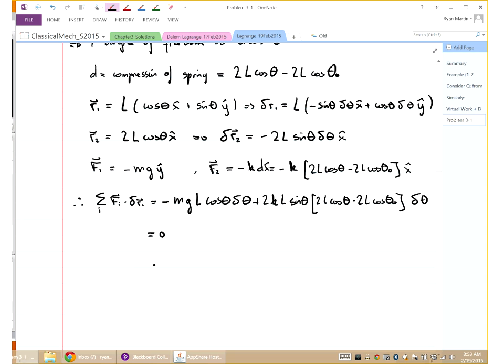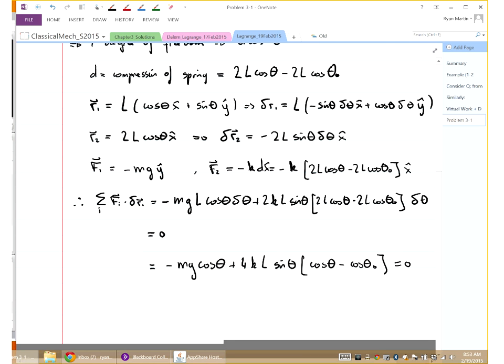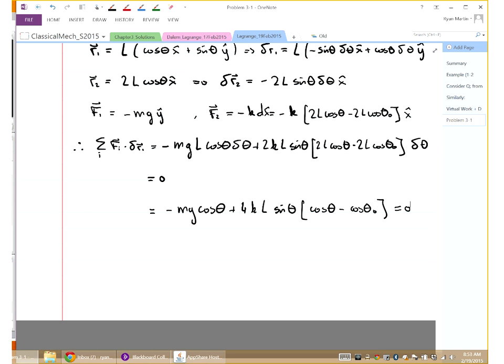I can divide all the terms by an L, because the second term would have an L squared and the first term has an L. So if I divide that out, I have minus mg cos theta plus 4kL sine theta times cos theta minus cos theta naught. And so that's equal to 0.